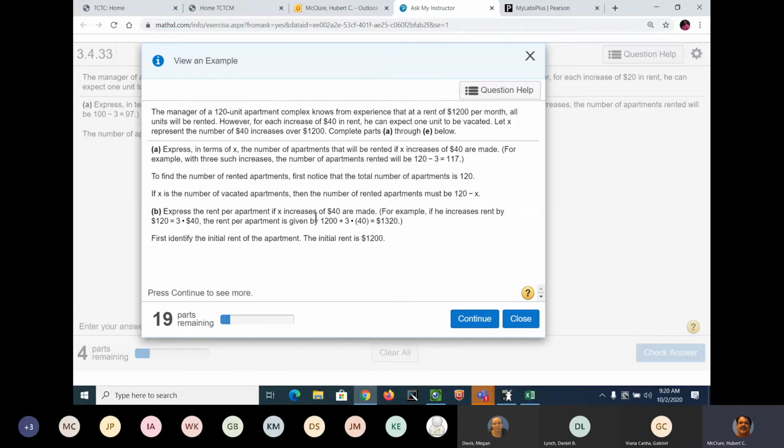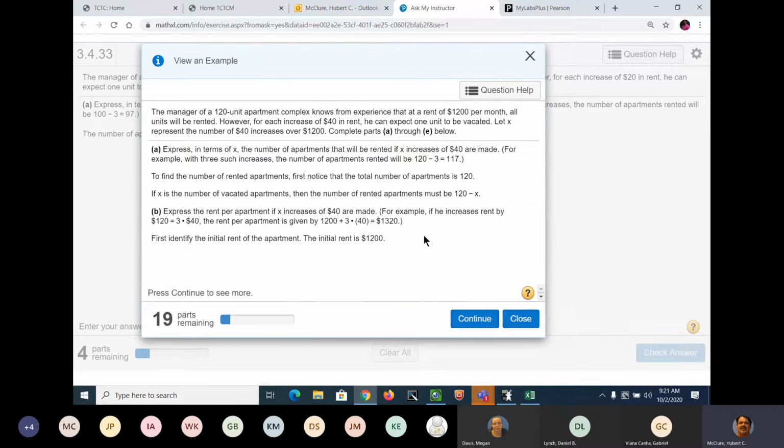Express rent per apartment if increases of $40 are made. So 1,200, so that would be 1,200 plus 3 times 40. Okay, I'm trying to figure out where this is going. I'm trying to figure out how this is going to get a quadratic equation.